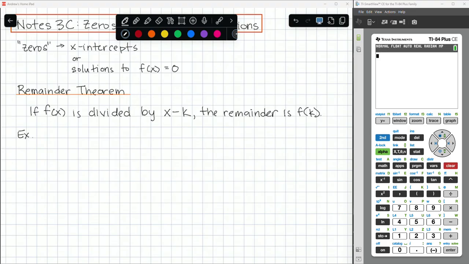So we're going to do f of x equals 6x to the 4th minus x cubed minus 15x squared plus 2x minus 7. And I'm going to take f of x and divide it by x minus 2.